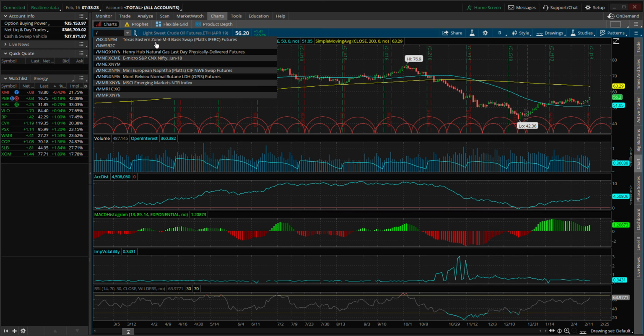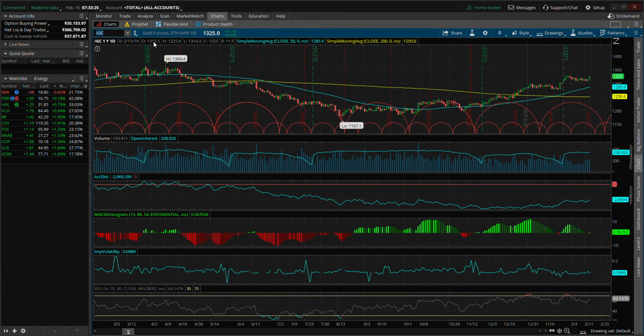Let's look at gold. What is gold telling? Interestingly, this is a very positive sign for gold: the 50-day moving average crossing the 200-day moving average. So very bullish mode here in the long term.